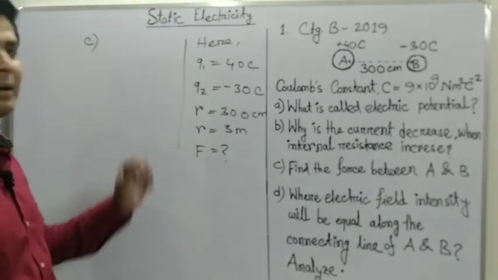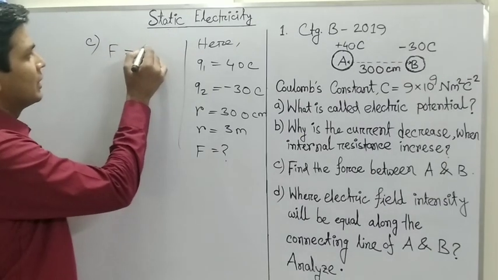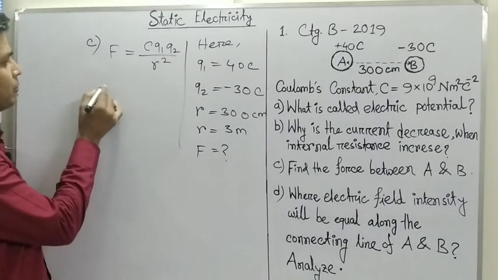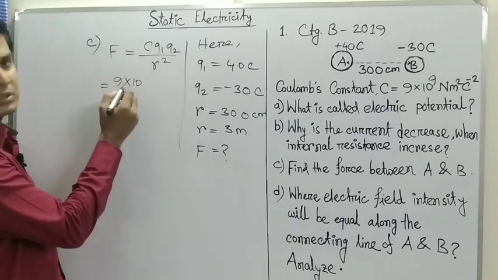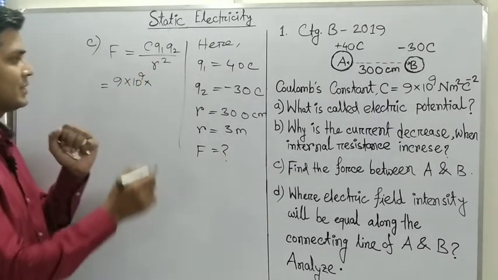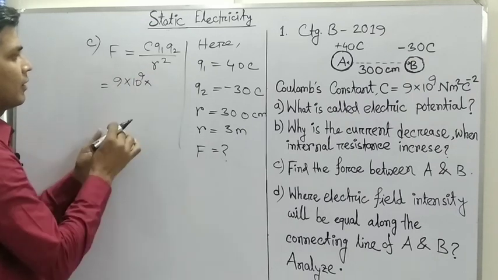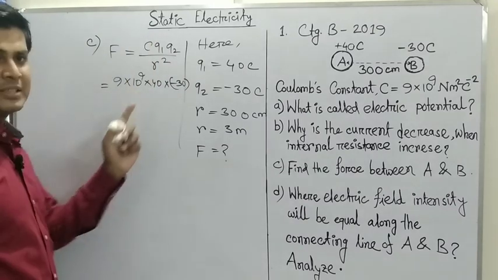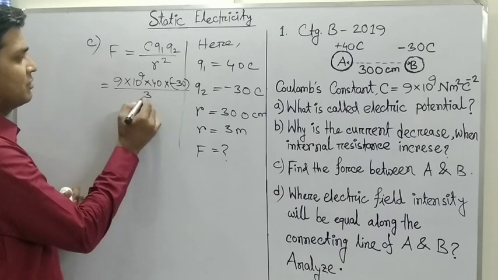So what formula will we apply? We apply Coulomb force, and we know Coulomb force F equals k Q1 Q2 divided by r square. If we put all the values of the quantities, the value of k is 9 into 10 to the power 9, the value of Q1 is 40, the value of Q2 is minus 30, and the distance between the two charges is 3 square.